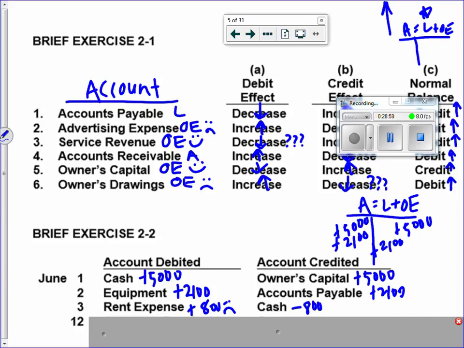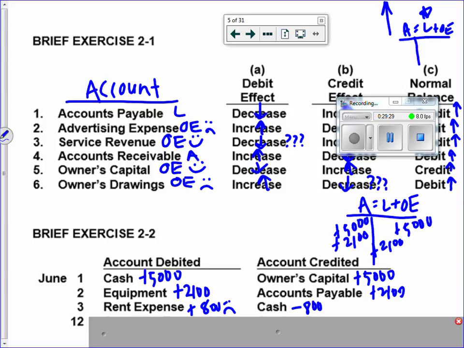Last one. We send a bill to M. Rodero for $300 for welding work performed on account. So we have a welding business. Did we sell something? We sold some welding services. Did this Rodero guy pay cash, or did he charge it?